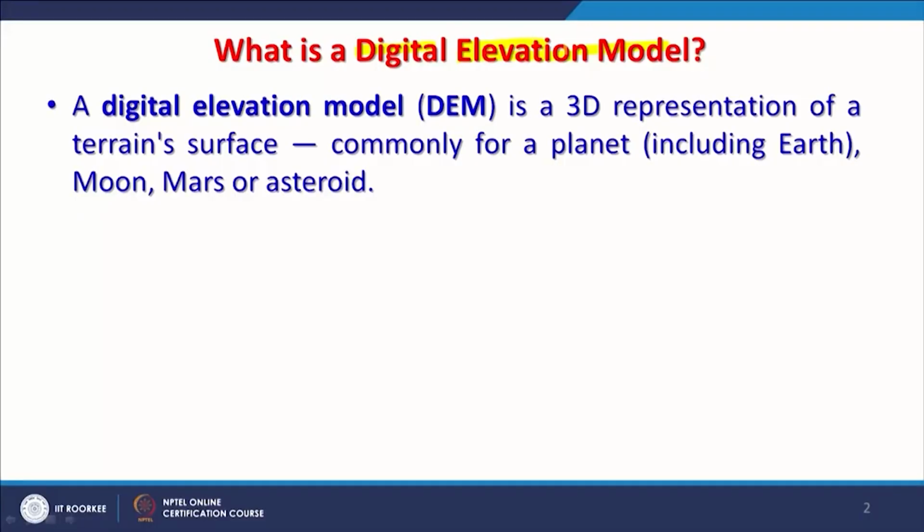So it is basically a 3D representation, because though we display it as 2D, the third dimension comes from the cell value. If it has the elevation value, then we can exploit that value to create a 3D representation of the terrain surface. Otherwise the terrain surface would look flat, with different shades of grey.